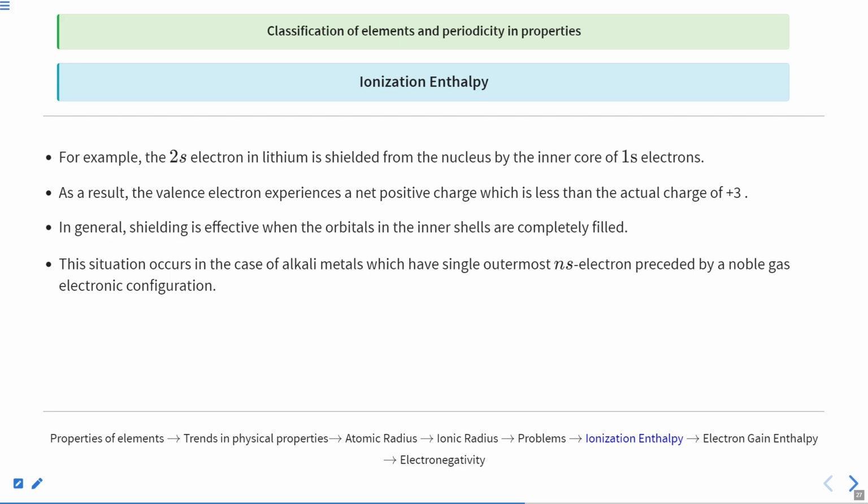The alkali metal has one electron in the outermost shell, and inside it there is a completely filled shell. That results in a very high shielding effect, which decreases the influence of the nucleus on the electron, and it can be removed easily. So it has a lower ionization enthalpy.